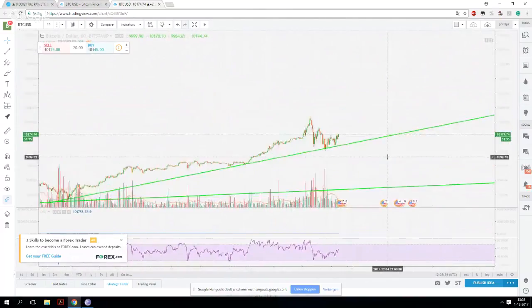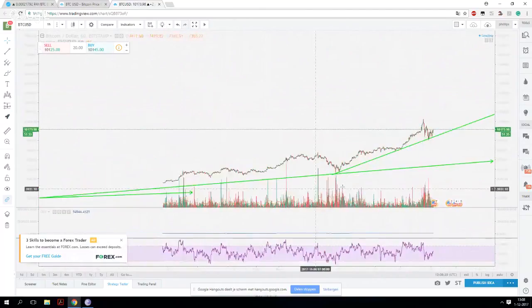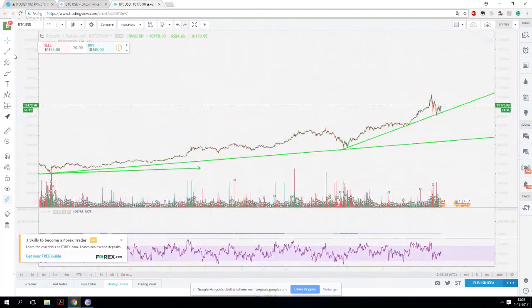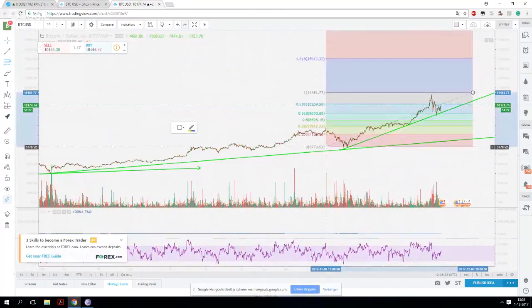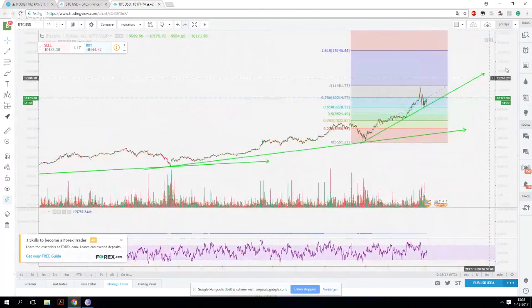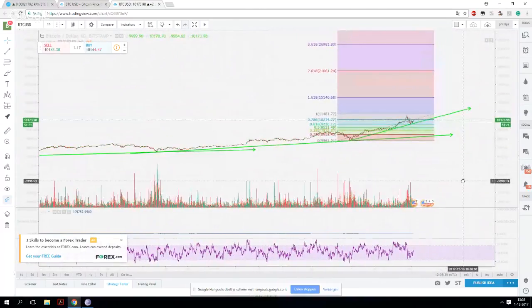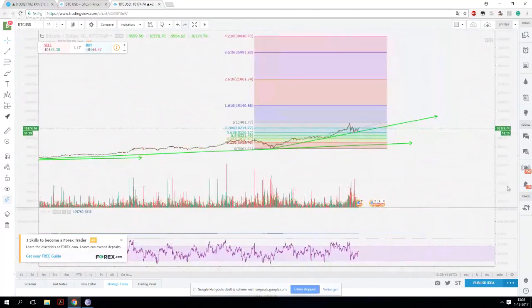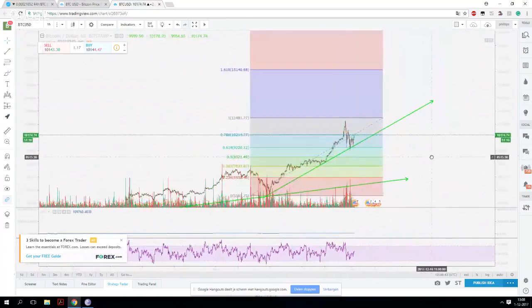As for my first next target, it's pretty high, but it is what it is. I'm not going to lie.